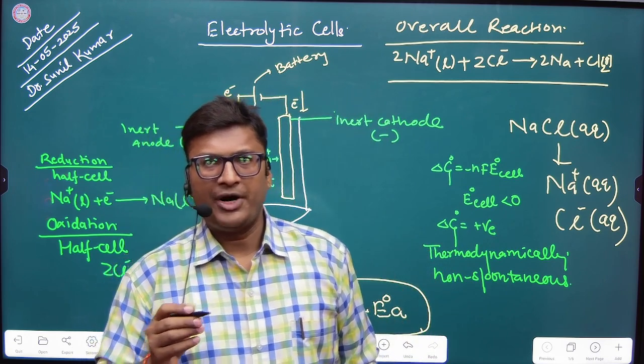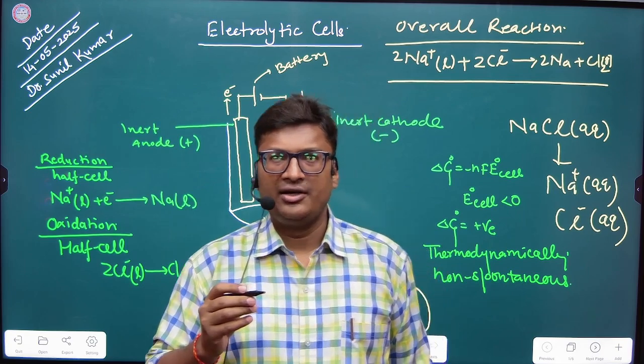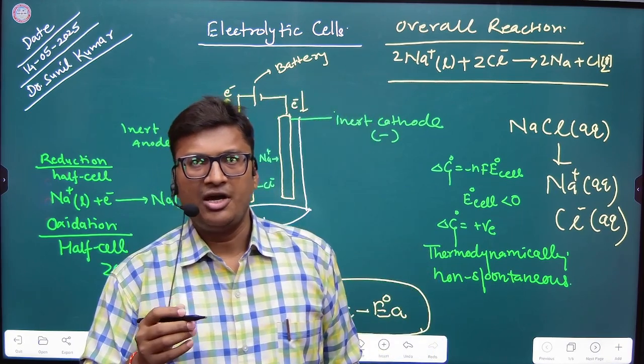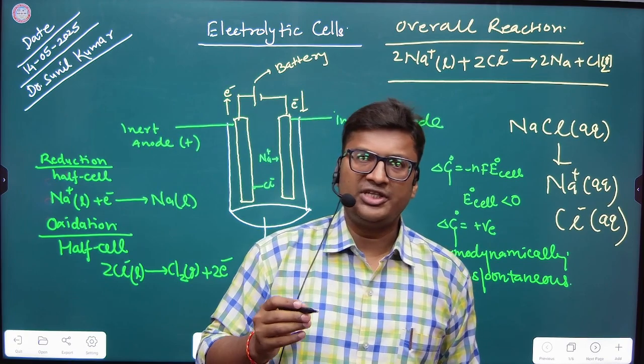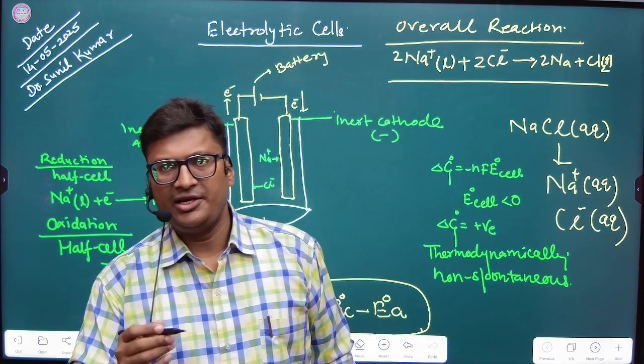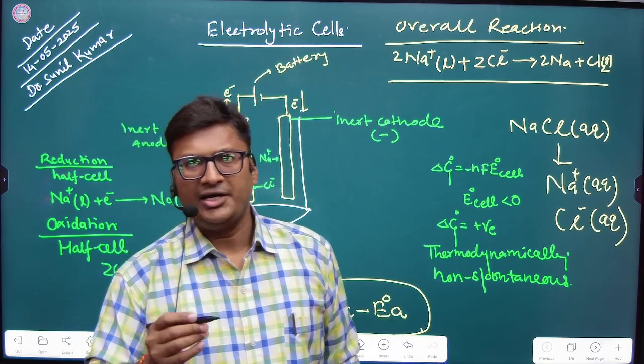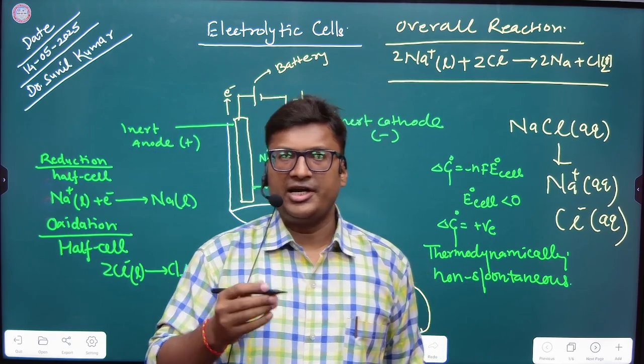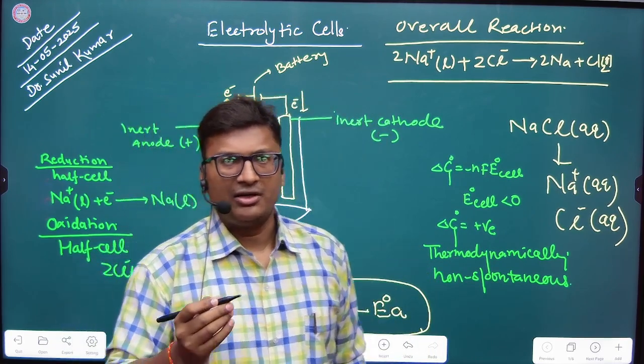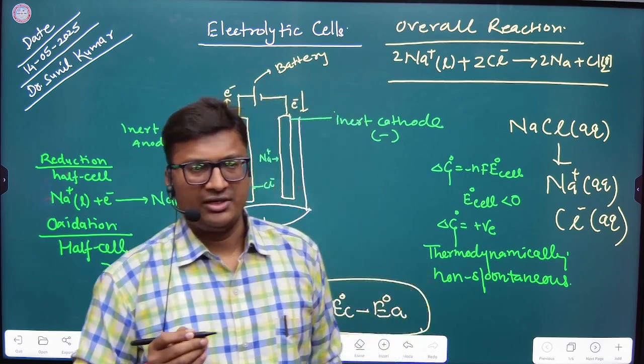Today we have brought more interesting and analytical topics, that is electrolytic cells, which is another kind of electrochemical cell that comprises electrolyte as a central medium for the exchange of electrons, right?